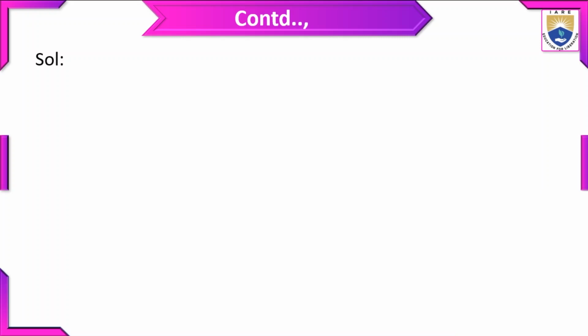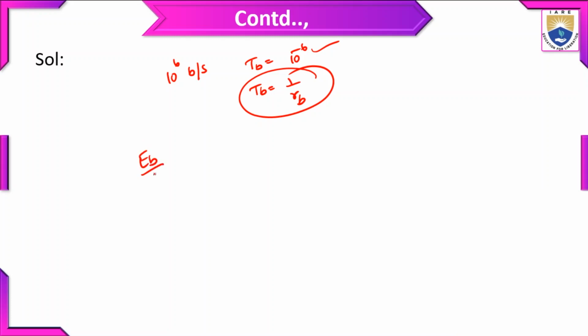Okay. So the data rate here is given as 10 power 6 bits per second. So the bit duration is 10 power minus 6. Why? Because we know that Tb is equal to 1 by Rb. So by using this formula, you can directly write Tb is equal to 10 power minus 6. So now the average transmitted power or average carrier power is nothing but Eb by Tb.